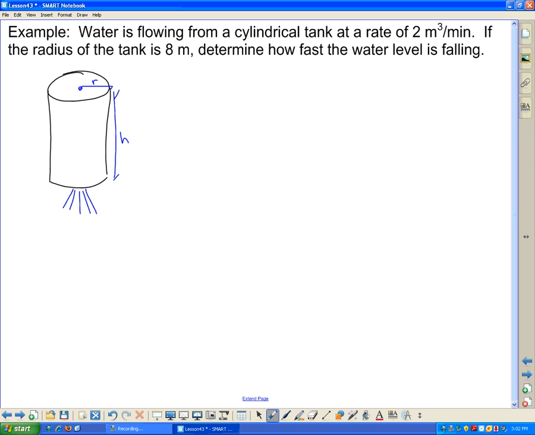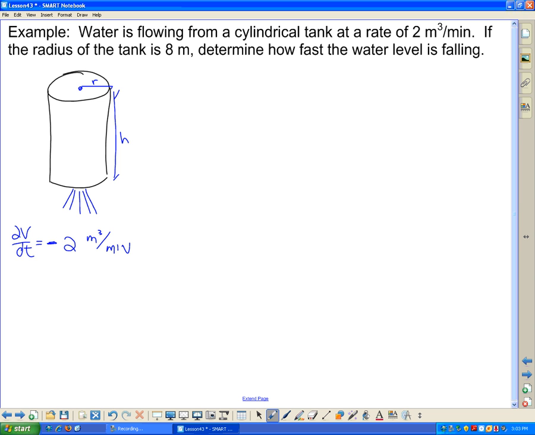All right. So if it's flowing from, and we have 2 meters cubed per minute, that would tell me that this is a change in volume with respect to time. And because it's flowing out, it's going to be negative. Volume is changing and it's decreasing. So it's negative 2 meters cubed per minute.